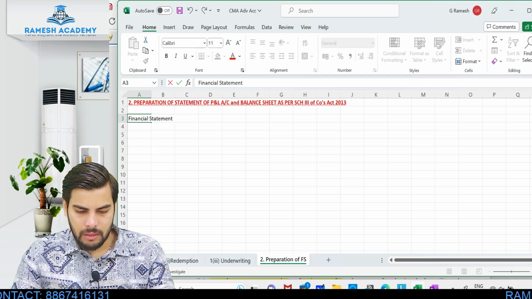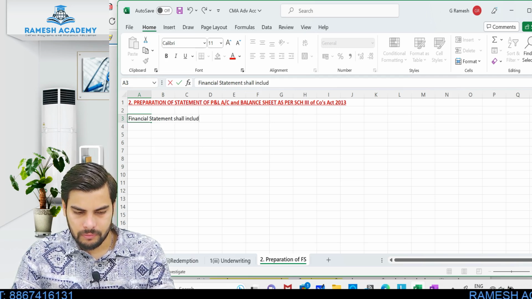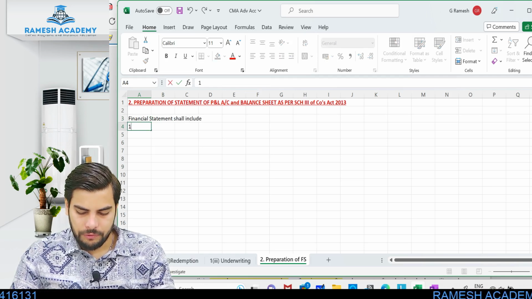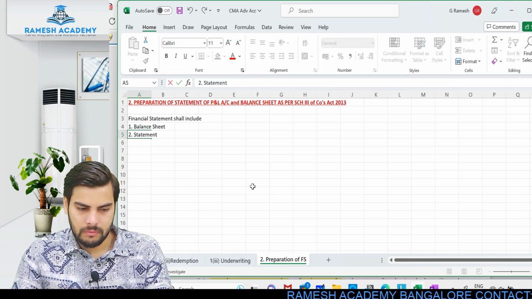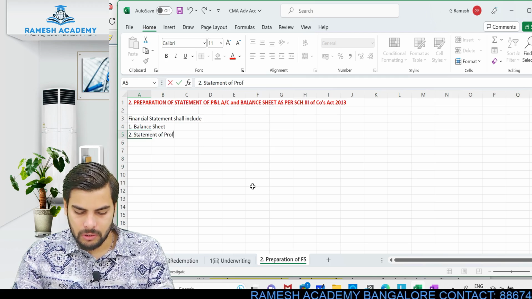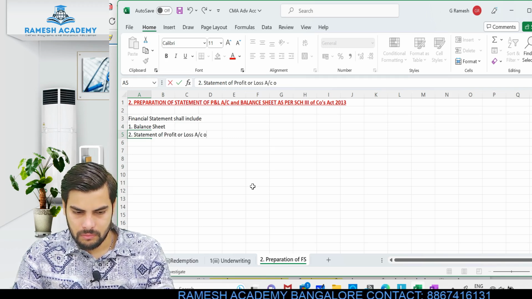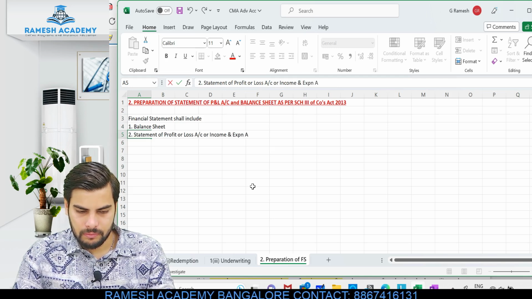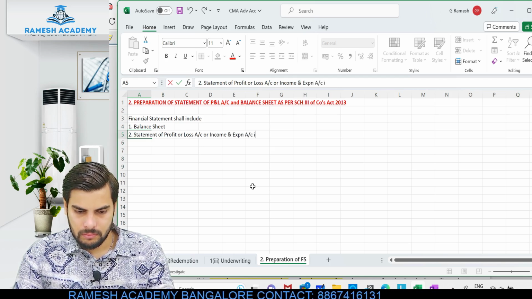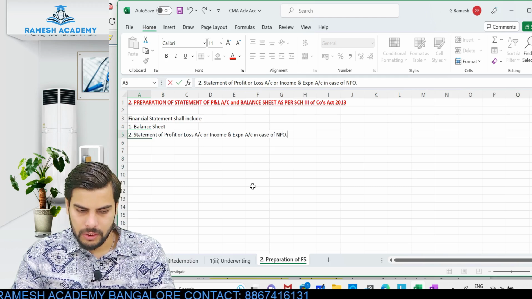So financial statement shall include what all? The first thing is balance sheet, statement of profit and loss account, or income and expenditure account in case of non-profit organization.